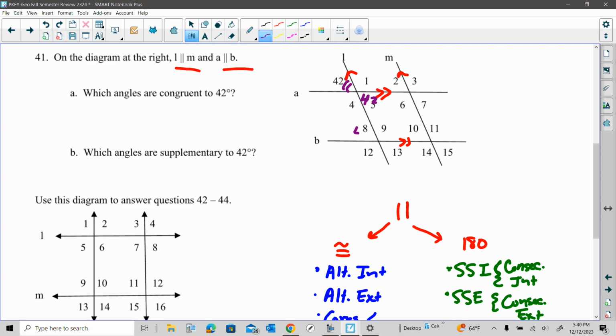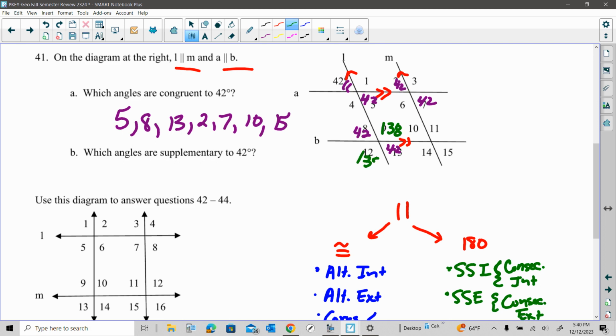So what's on A would happen on B. What's on A and L here is going to go to M. So that pattern is going to continue. So you just need the angle numbers. This should be 5, 8, 13, 2, 7, 10, and 15. The supplements, those are what make up the 180. So this would be here, like the 138.